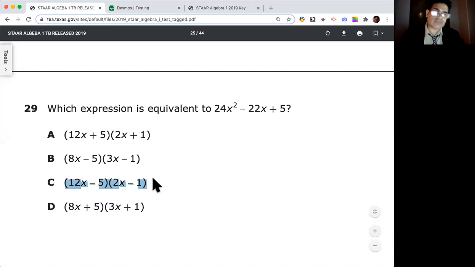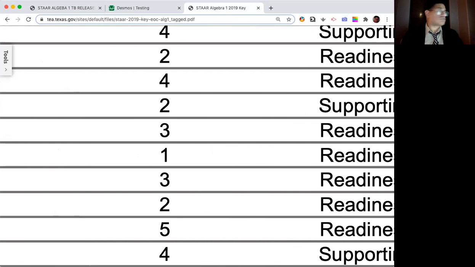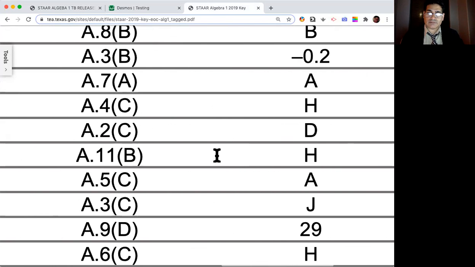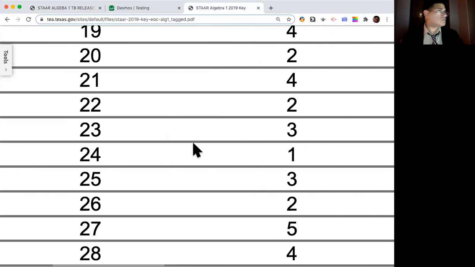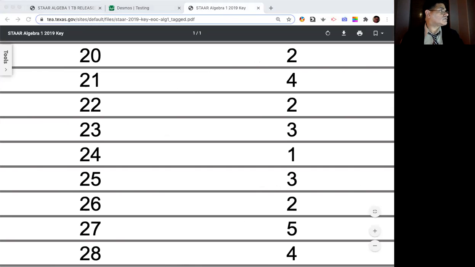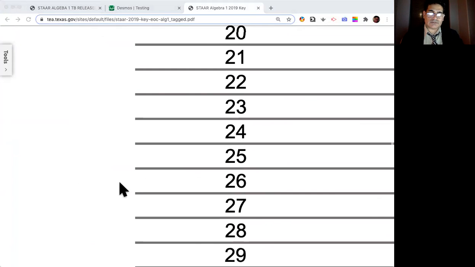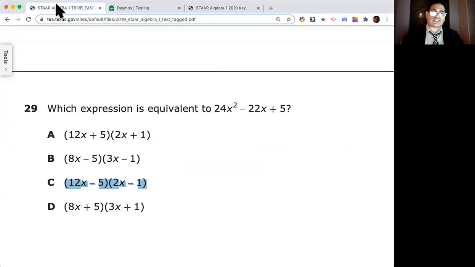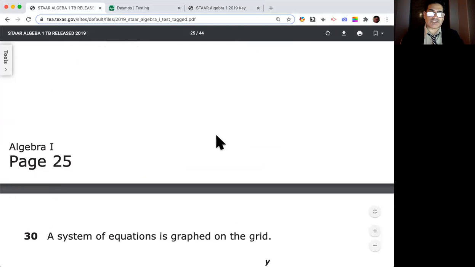Over here, and this answer key, 9. Another one chalked up to Desmos. Let's just move on and start finishing this off.